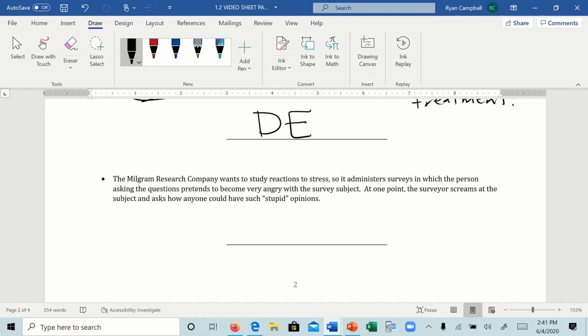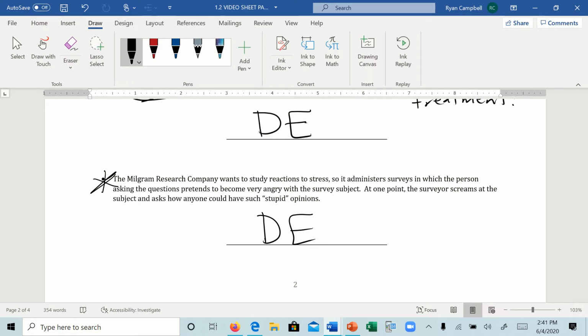Okay, so hopefully you can see where this is a little trickier. So the other two, probably pretty straightforward. This one is pretty tricky. So this actually is a designed experiment. Now the reason why. So they are asking people questions, right? They are surveying, but are the questions themselves the ones that they are actually counting, that they're looking at?